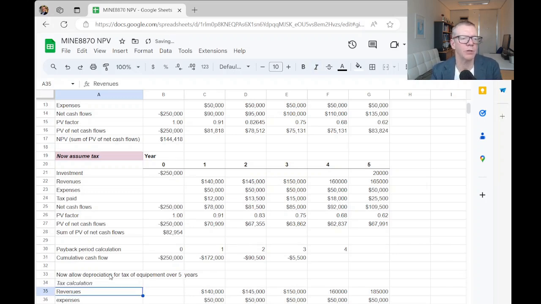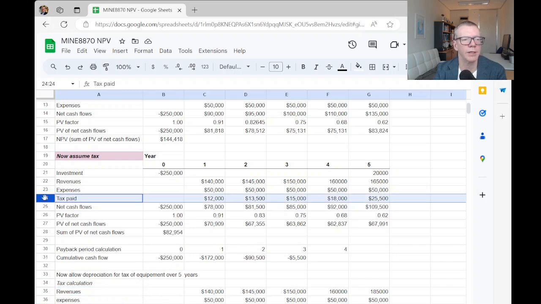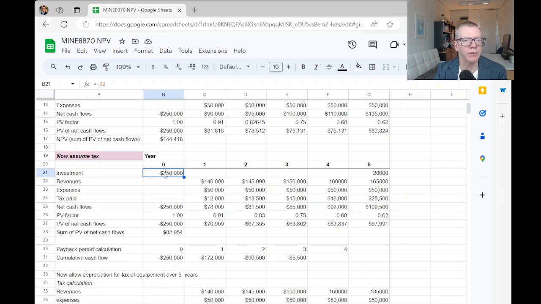I like to keep the tax calculation separate from the actual NPV calculation, just to keep things clear. So the line item that we're calculating here is what's the tax that we're going to be paying in each year. So the investment's the same, the revenues are the same, the cash expenses are the same.